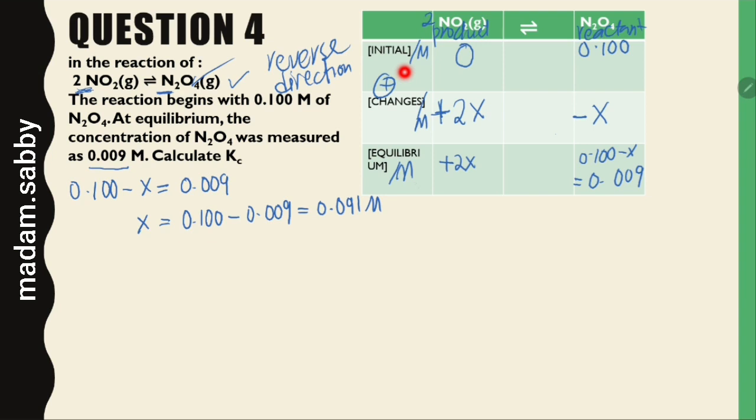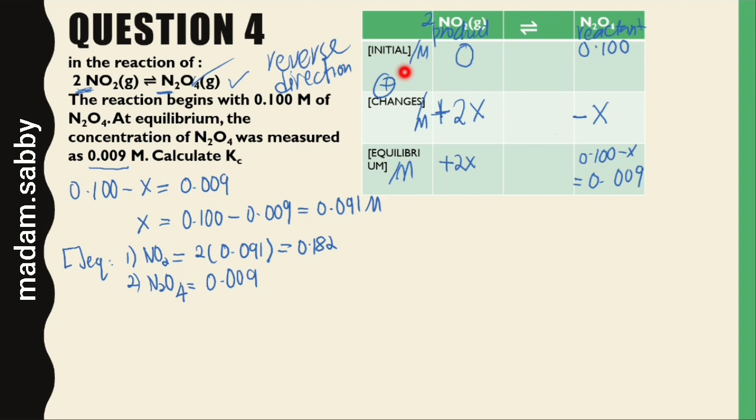So the equilibrium NO2 equals 2 times 0.091, so you will get 0.182. And for your N2O4 it is simply 0.009. It's better for you to calculate your equilibrium concentration one by one, for all of the reactants and products present, so that you will not make any mistakes in the calculation later.